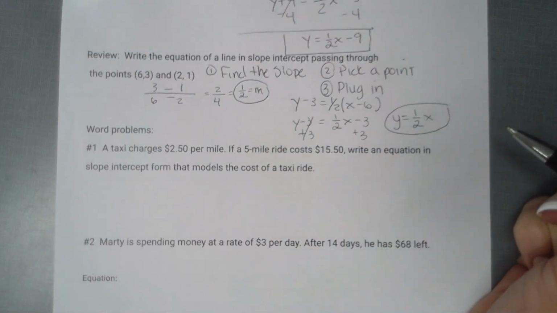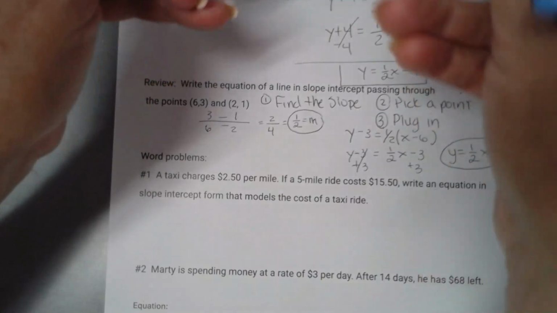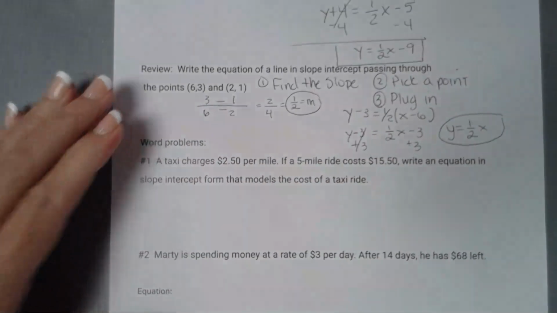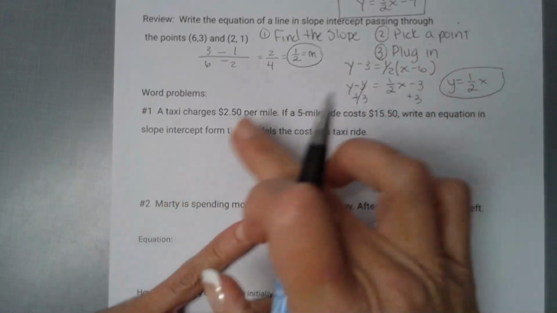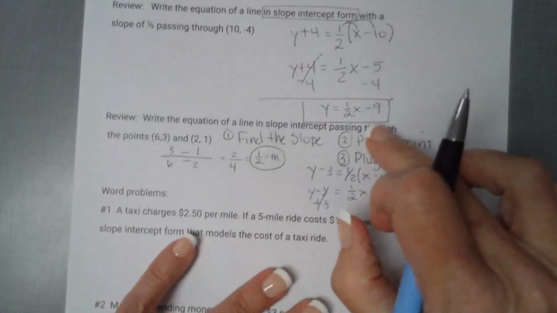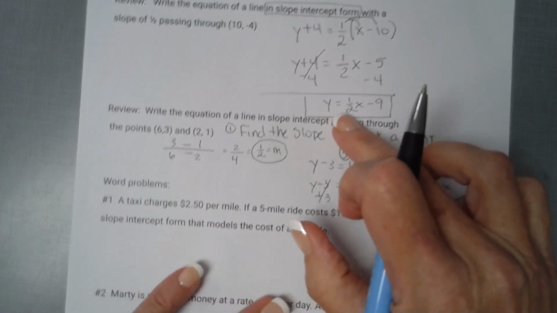Okay, now, the applications of this. Very important to realize that when you're reading these, they're not giving you an initial value, because an initial value is a y-intercept. And then you could just plug into the y-intercept.